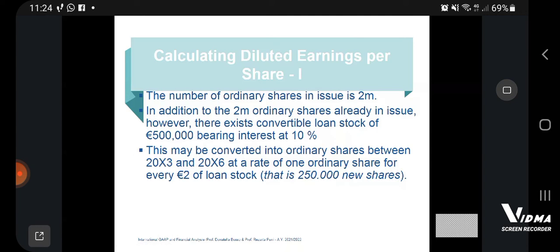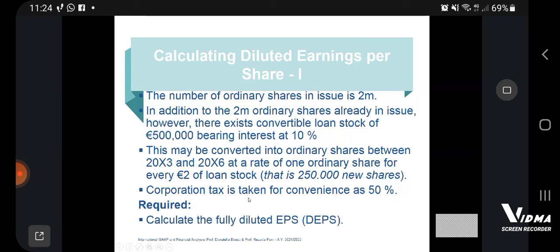Okay, the corporation tax is assumed to be 50% just for simplicity, for convenience, and we are required to calculate the fully diluted earnings per share. The standard requires us to start from the same basis which we took into consideration for basic earnings per share.